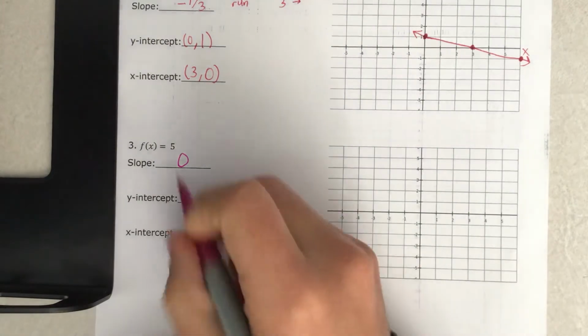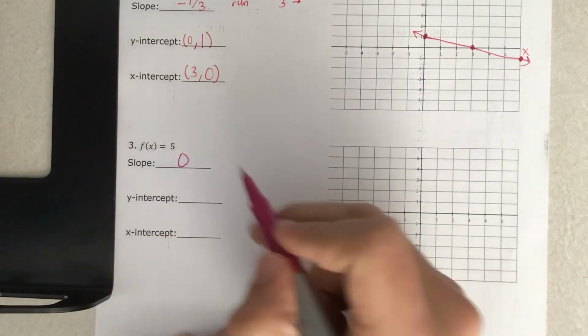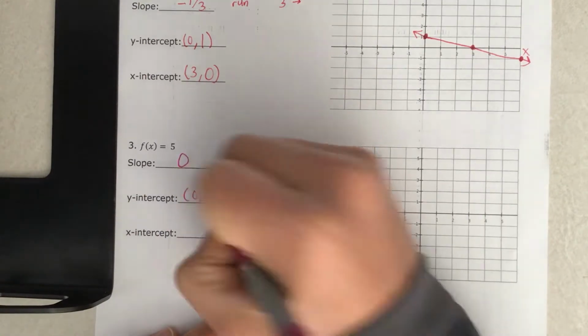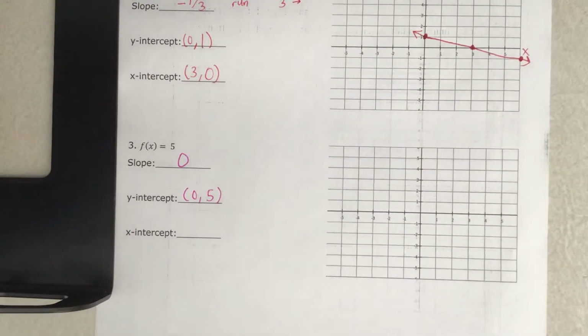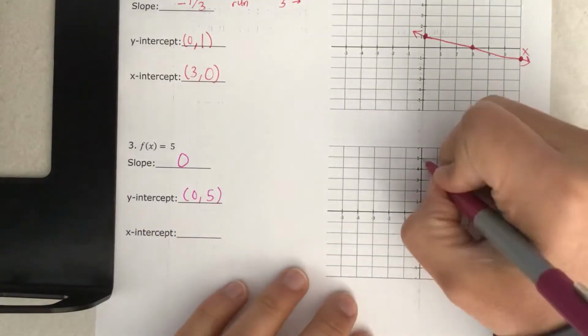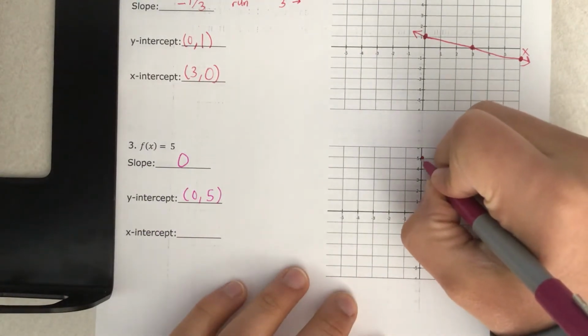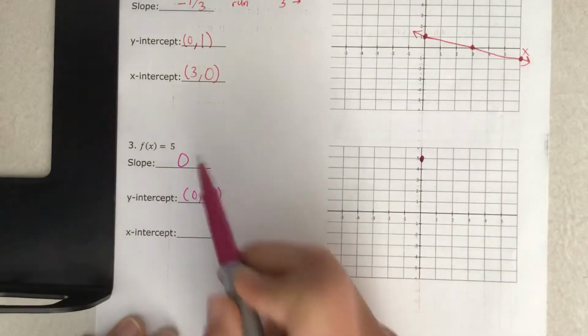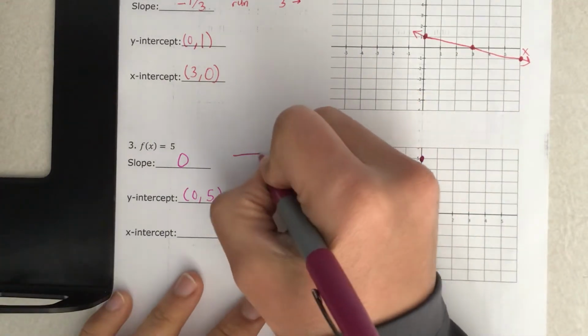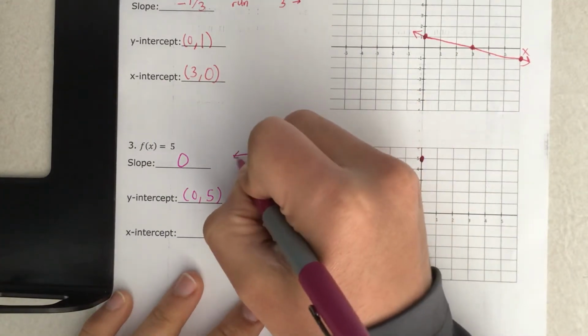Now, my y-intercept, remember, that's the number by itself. And that's all I have here, right? All I have is 5, okay? So now, if I plot 0, 5, we can still graph this line. So I plot 0, 5, right? There it is, okay? And now, I have a 0 slope. So hopefully y'all remember, 0 slope means I have a horizontal line, okay?